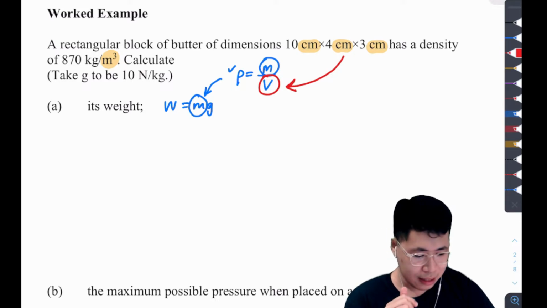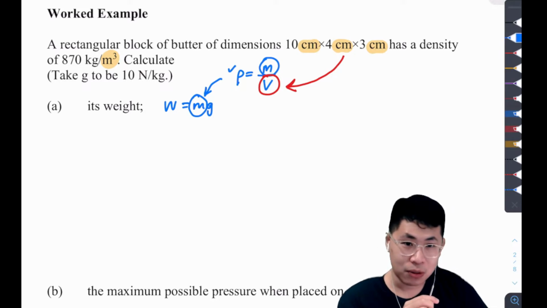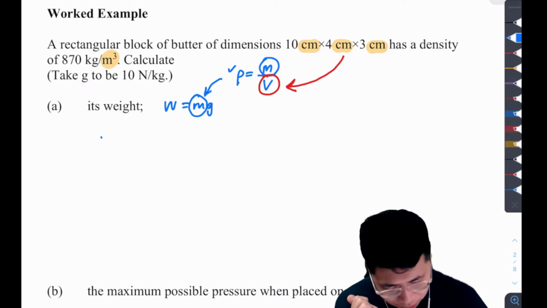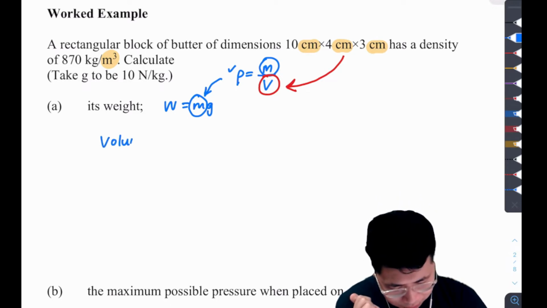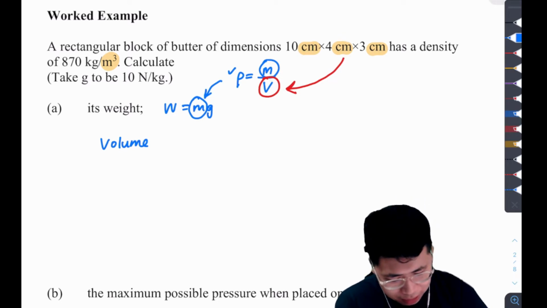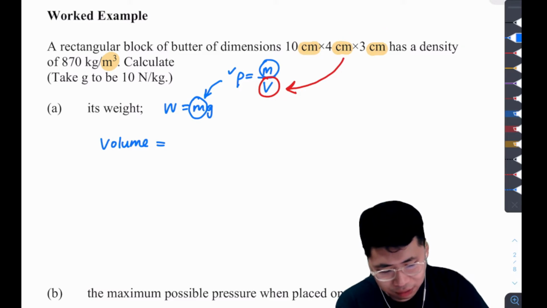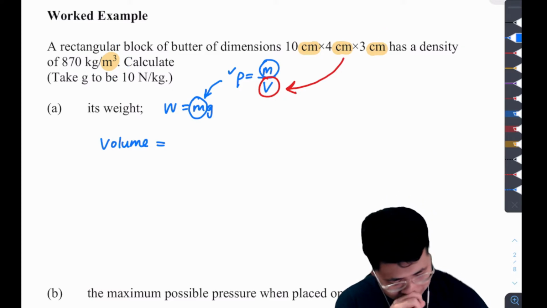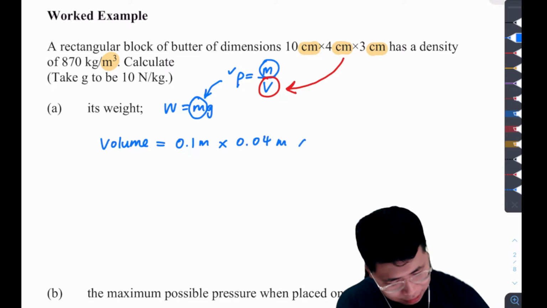So how do we write down our final response? First, we need to look for the volume of the butter. Let's standardize the units. Let's change the cm to meters first, to standardize with this unit over here. So we have 0.1 meters times 0.04 meters times 0.03 meters.